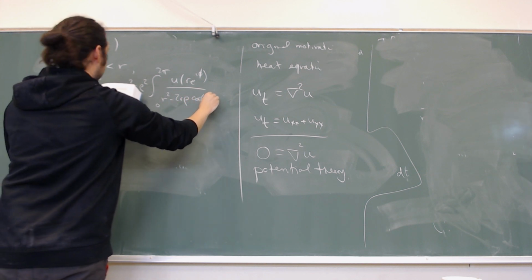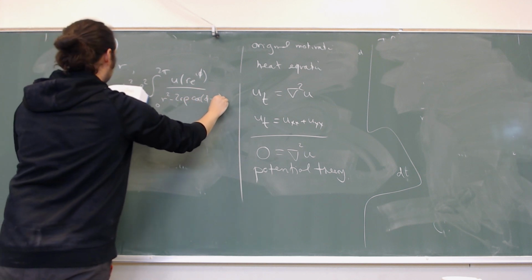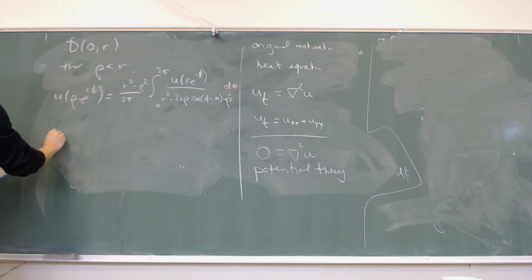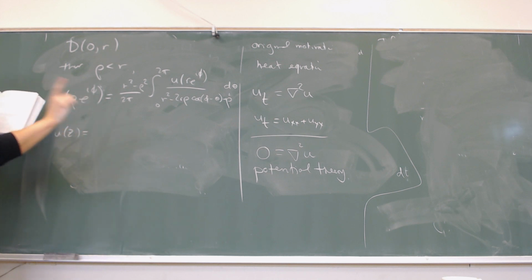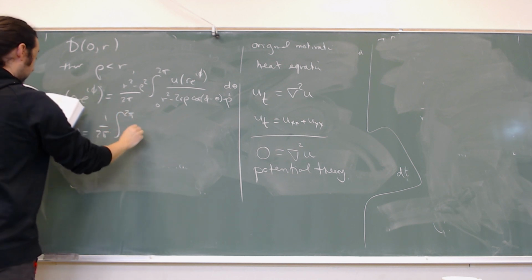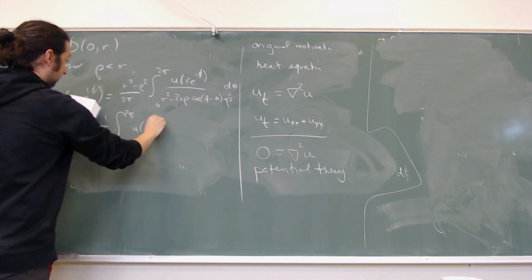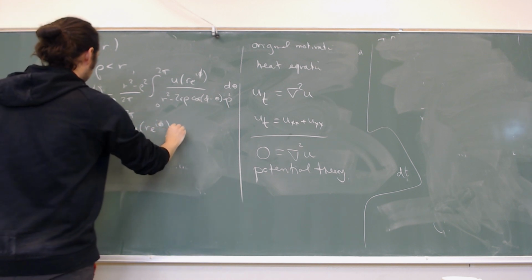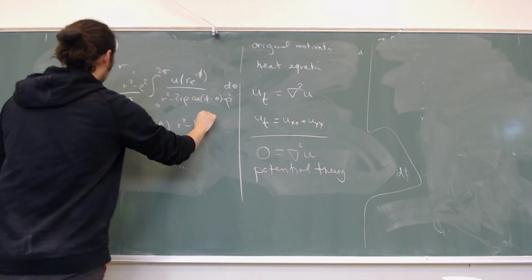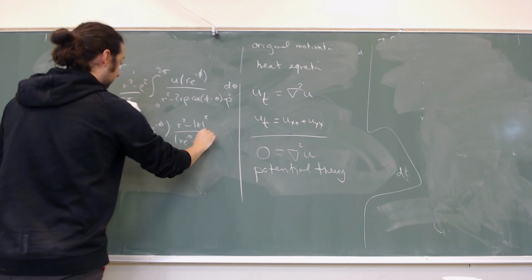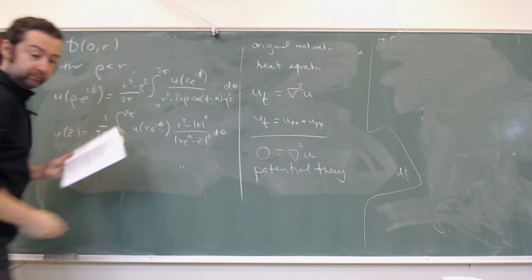I don't know why he writes it in this form, but I'm just trying to get it correct. Or u of z is 1 over 2 pi times the integral of u of r e to the i theta times r squared minus mod z squared over the squared modulus of r e to the i theta minus z, d theta.